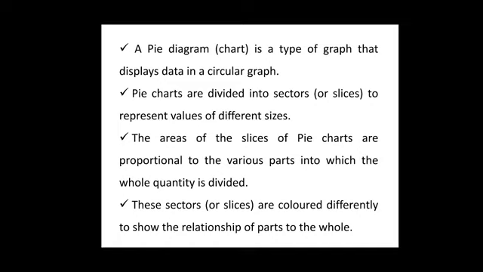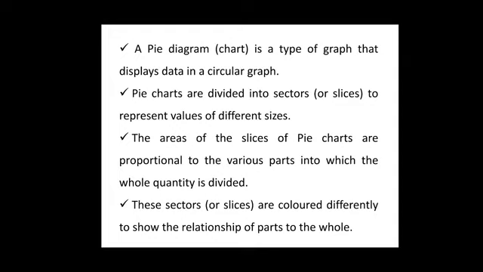It means that the angle of a sector is proportional to the frequency of the data. The entire pie or entire circle represents 100% of a whole data set, while the pie slices or sectors represent portions of the whole.